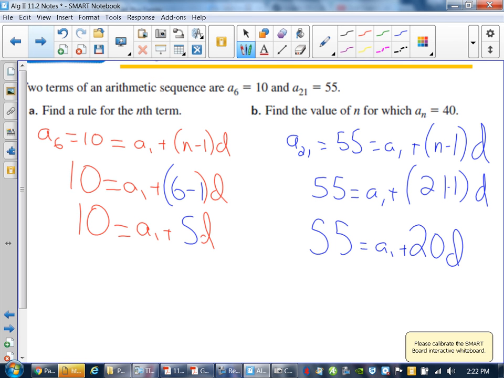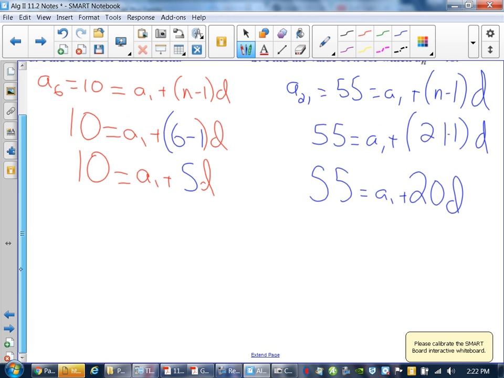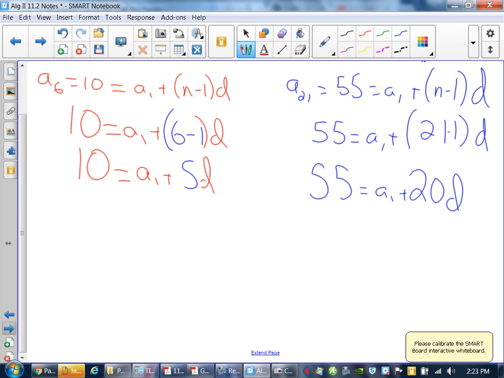I have 2 equations, and I have 2 variables. I can use a matrix if I want. It's a system of equations. But you'll notice, which one is already isolated? First term, isn't it? So if I wrote this out, just put the other one here.